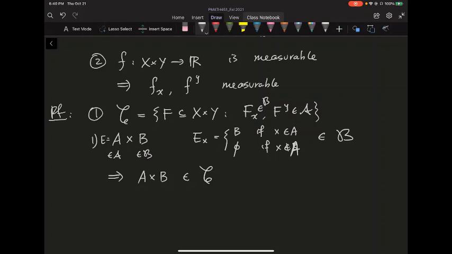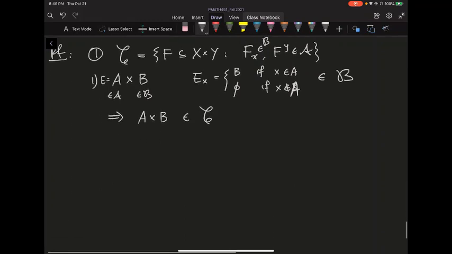Now let's show that C is actually a sigma algebra, basically checking all the definitions of the sigma algebra. Clearly the empty set is inside C. That's fairly simple.